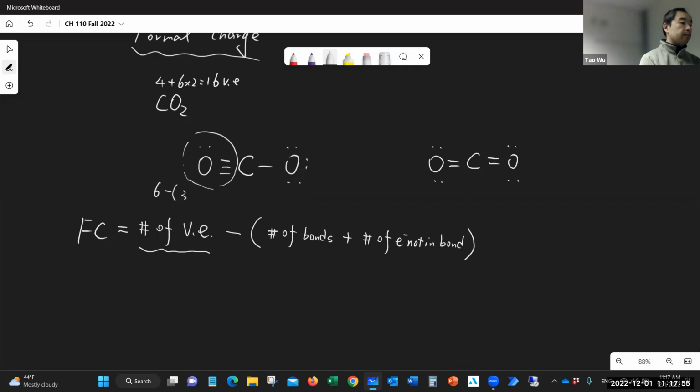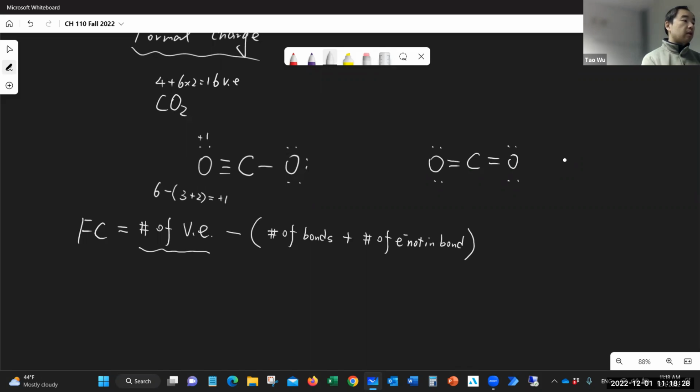They have 3, plus the number of electrons not in a bond, which is 2. So the formal charge for this oxygen is 6 minus 5, which is plus 1. So the formal charge for the oxygen on the left is plus 1.